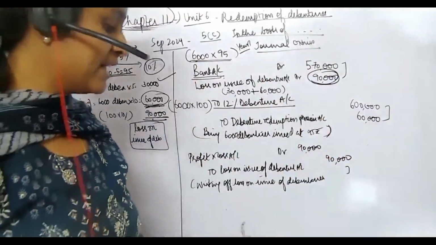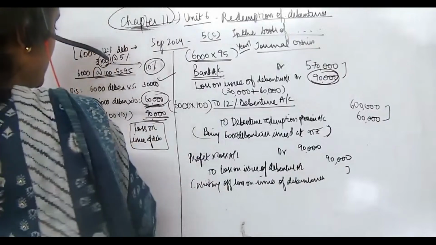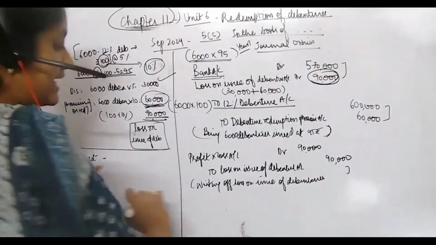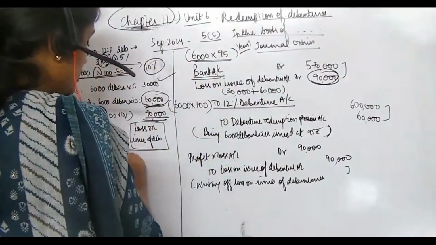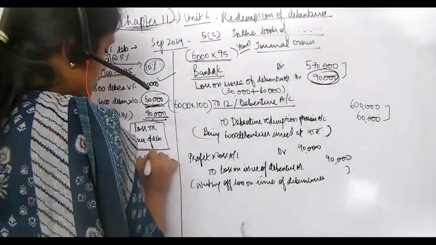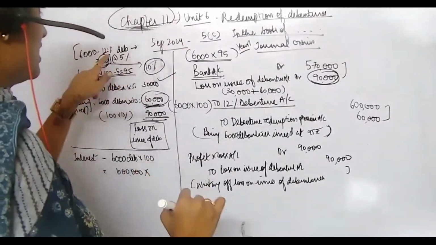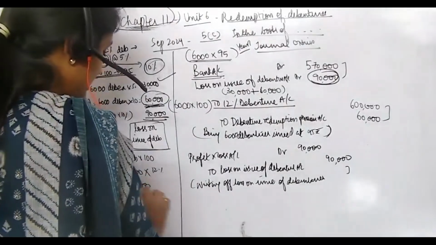How is the interest being calculated? All of you please see here. The interest will always be calculated on the face value. So what is the face value? 6,000 debentures into 100, so 6 lakh rupees into what is the percentage? 12% debentures, which comes to 72,000.